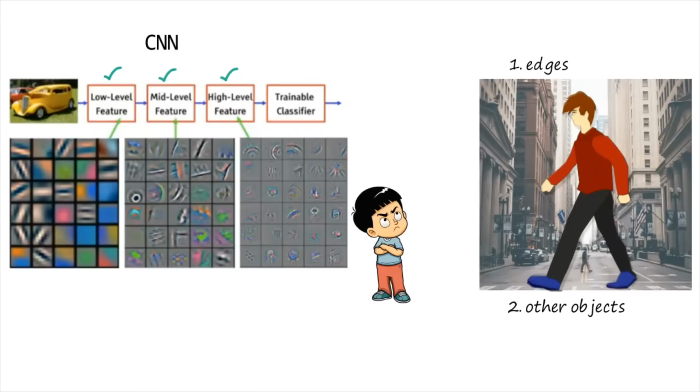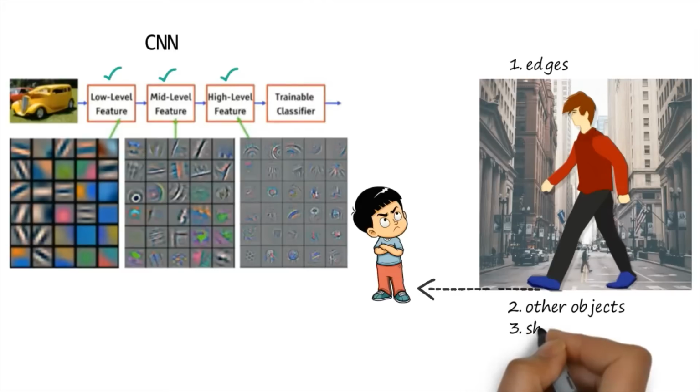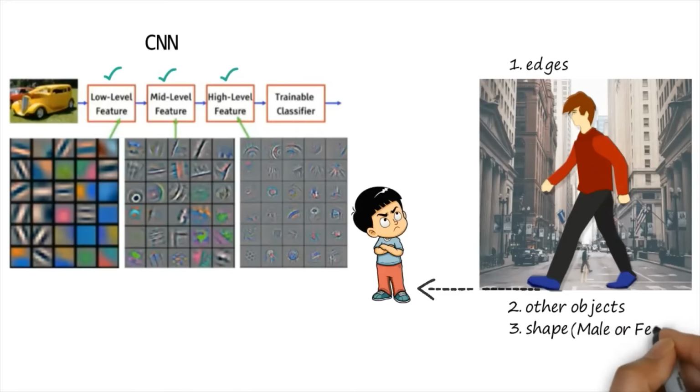Now, as the person walks closer towards you, you will try to focus on the shape of the person. Means trying to deduce whether the person is a male or female. So this is known as focusing on the shape.